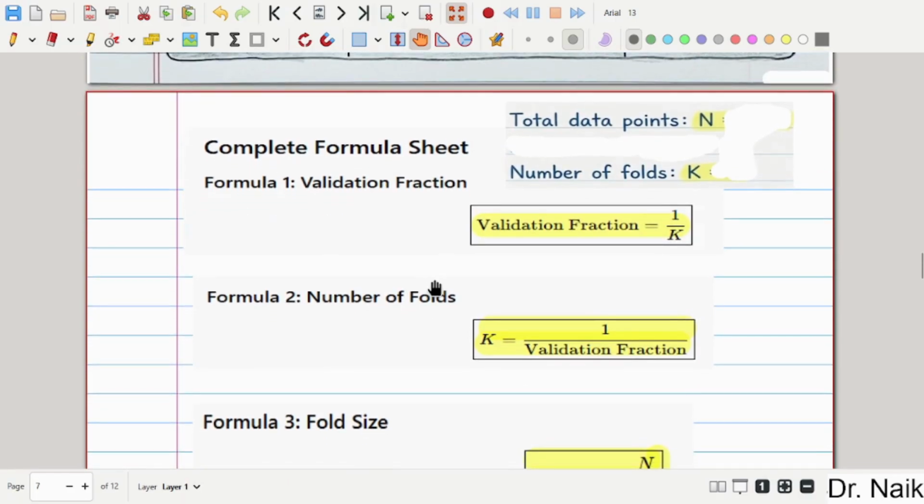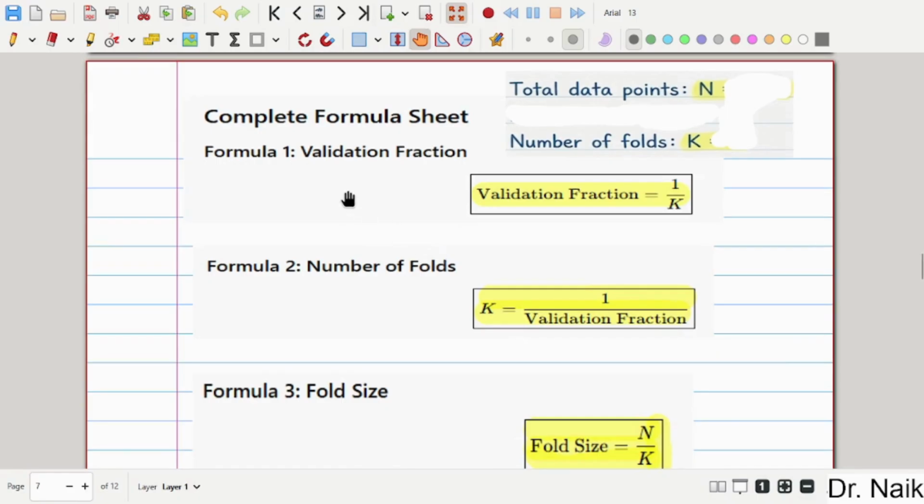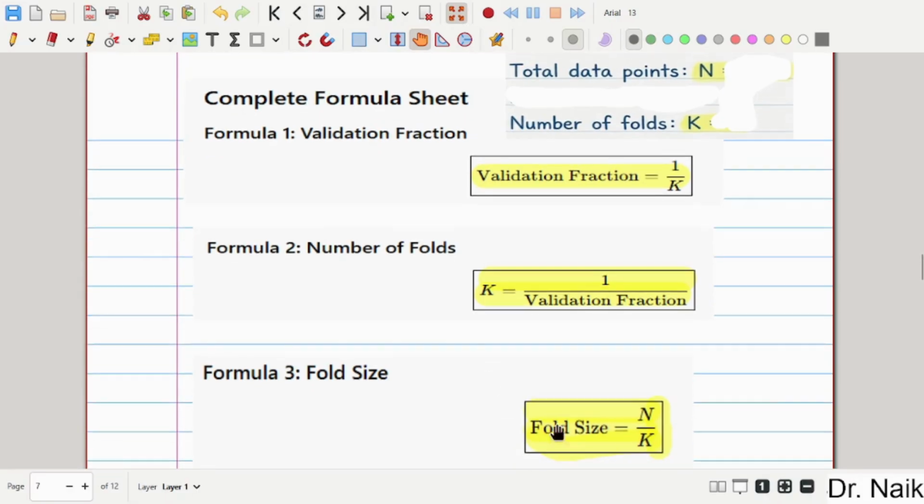Let's see some formulas. Validation fraction is 1 upon k, where k is the number of folds. So the number of folds k is equal to 1 upon validation fraction. Fold size is calculated by the formula n by k, where n is the total data points and k is the number of folds.